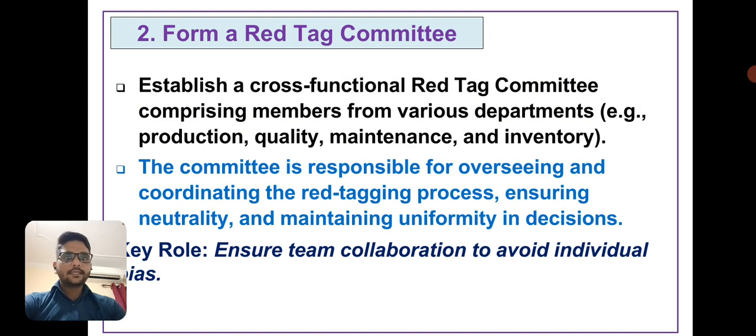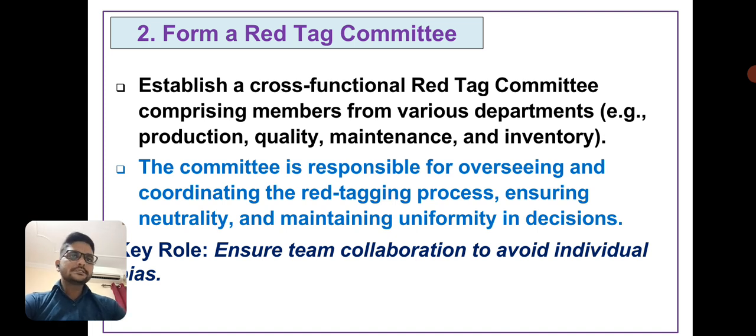Second is to form a red tag committee, which means forming a committee that can make a decision on whether a document is wanted or may be needed in the future.